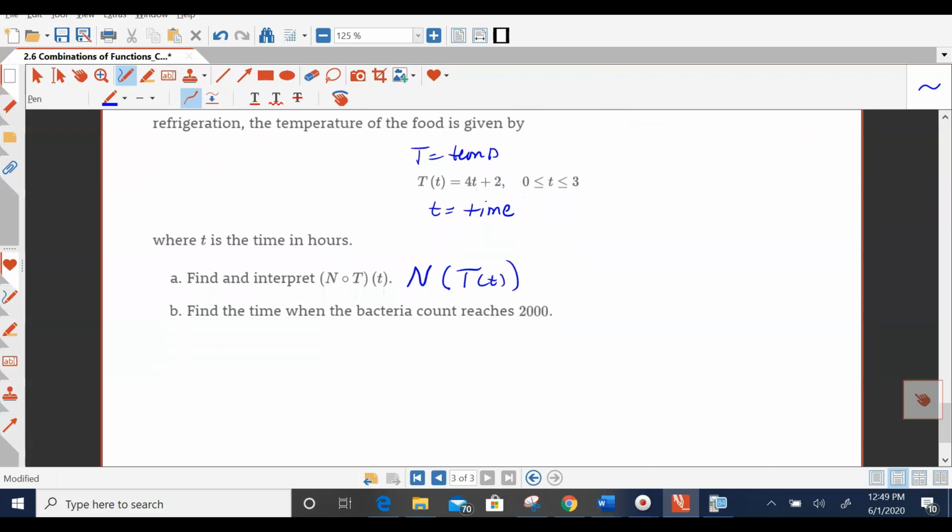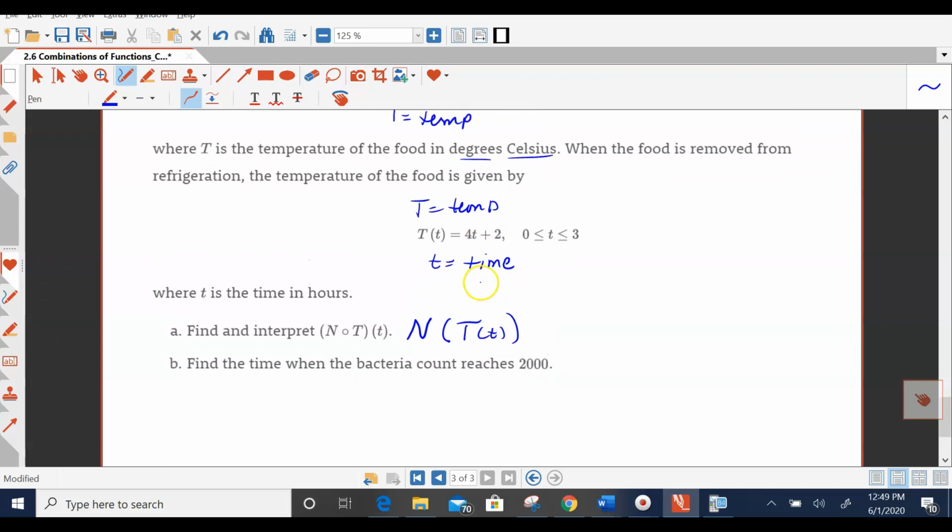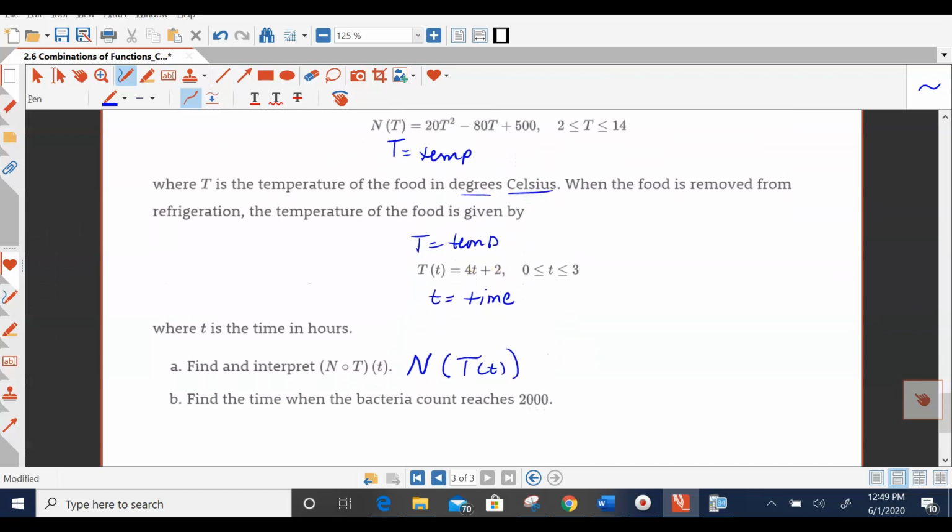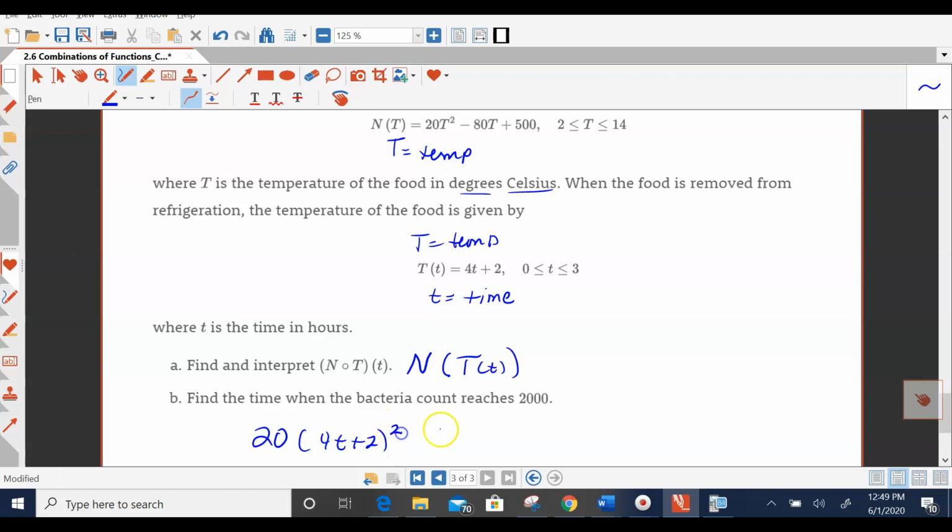The inside function is 4t plus 2, and let's put it in the N function. So I'll have a 20 times (4t plus 2) squared, minus 80 times (4t plus 2), then plus 500.